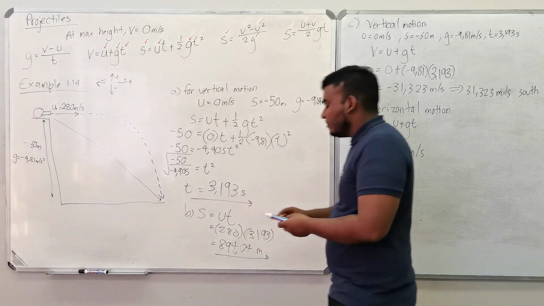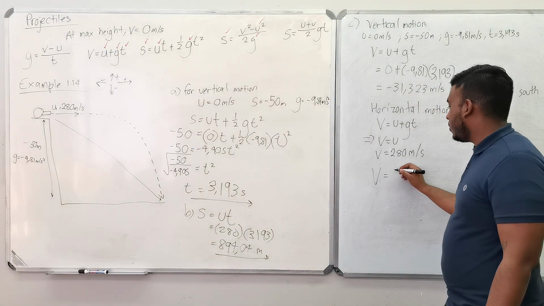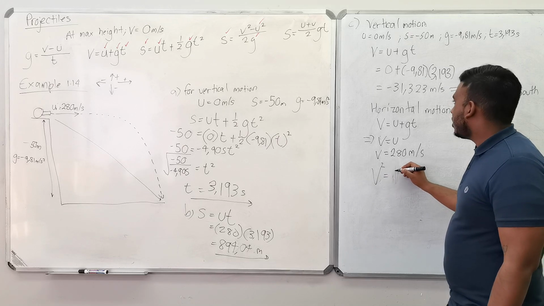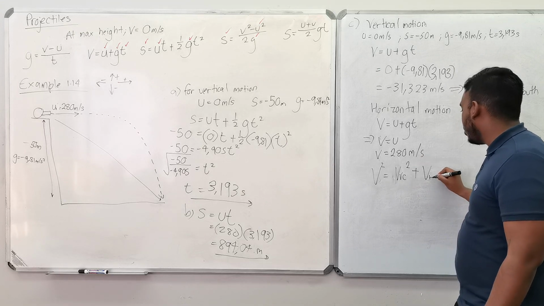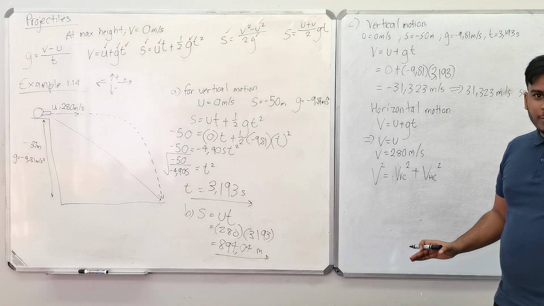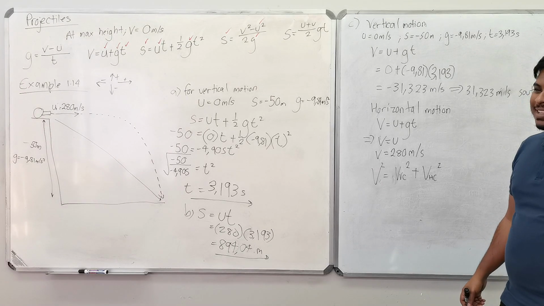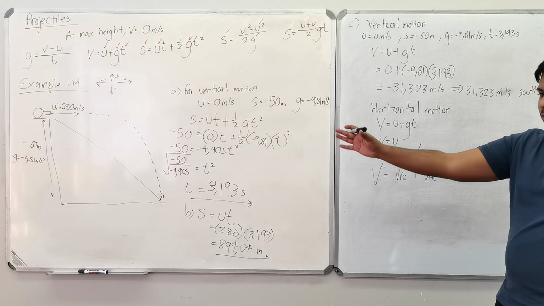The final velocity will be equal to, using the theorem of Pythagoras, your vertical component velocity squared plus the horizontal component velocity squared. We all understand, right? Is anybody confused? We're using the Pythagoras theorem, and I showed why we're using it.